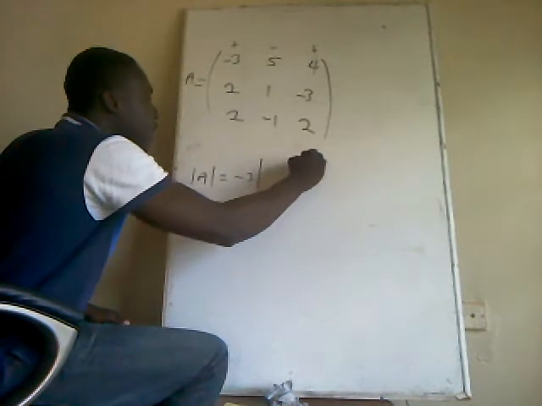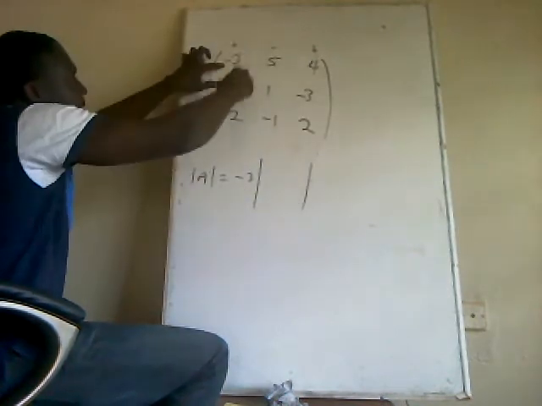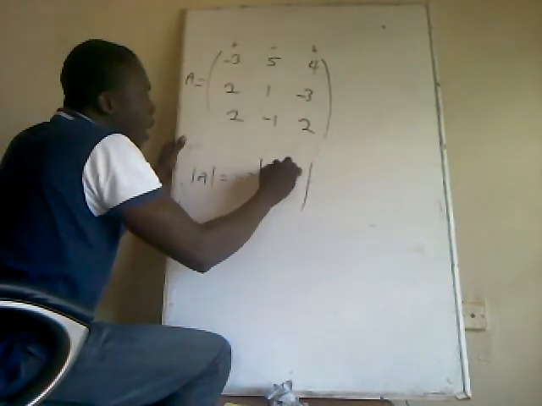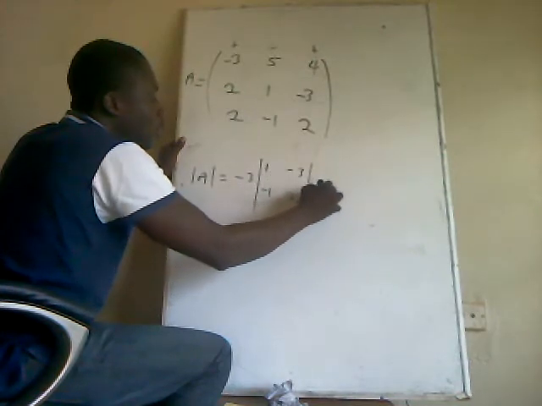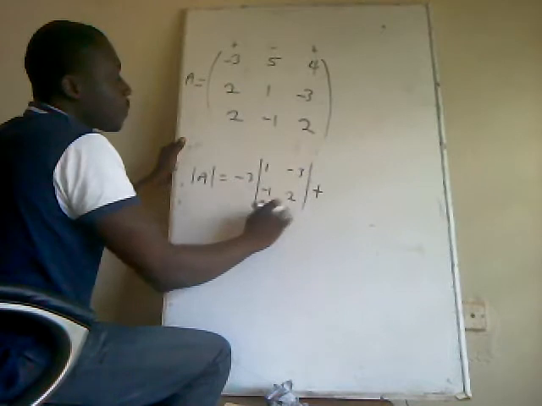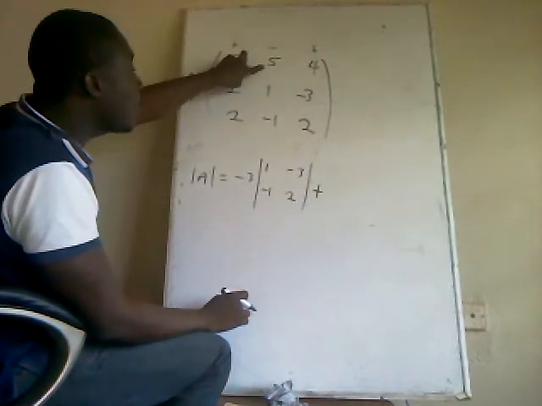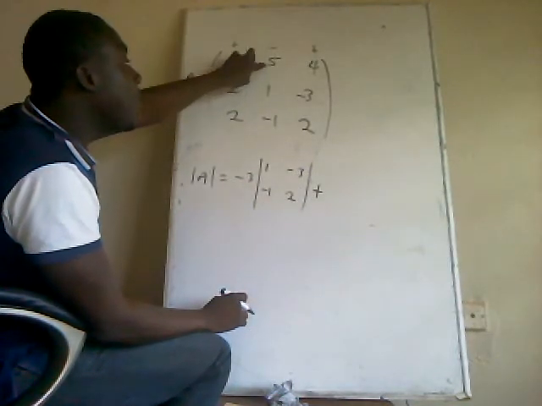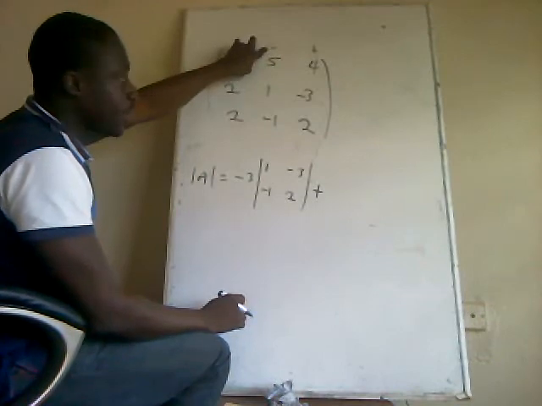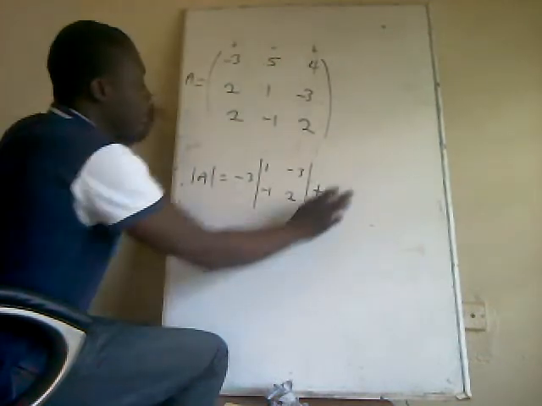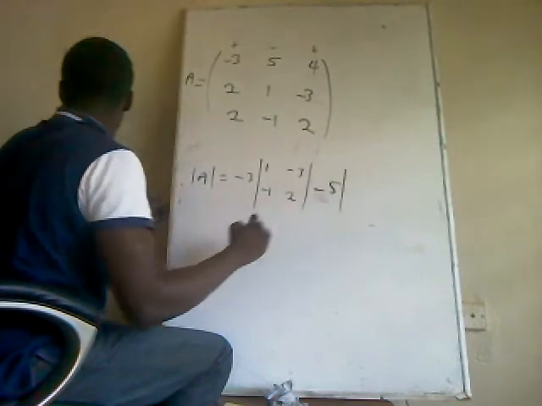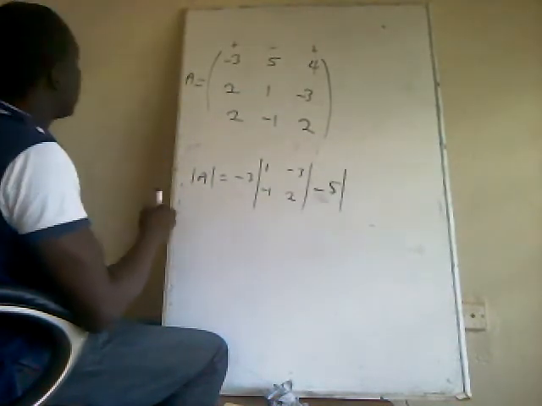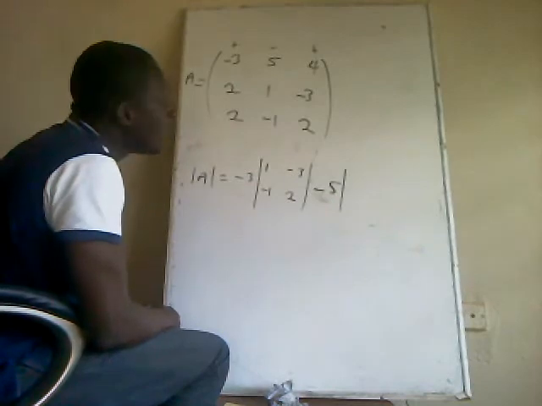And I find the determinant of, I cancel this and cancel that. I'm going to have 1, minus 3, minus 1, 2. Then plus, I come here, the second element. But the minor on it is what? Minus. And the minus will then the positive. So here becomes minus. So minus 5. Minus 5, right?